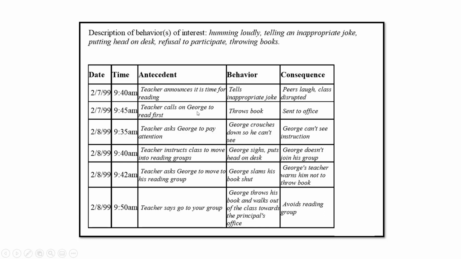And you can see those questions come into play. What's going on before? Who's present? The teacher is present. Does she provide an instruction? Yeah, she says it's time for reading. After the behavior occurs, what happens? Does a peer give attention? Yeah, the peers laugh. The class is disrupted. So you're going to use those questions that we talked about in the previous slide to hone in on what's going on in the environment before and after the behavior occurs.